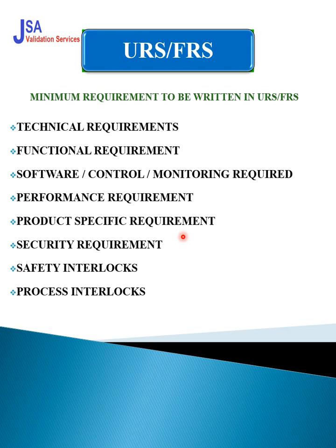Security requirements: what interlocks are there? Okay, overloading compressor interlock, and unloading compressor interlock, maximum pressure interlock, minimum pressure interlock, safety feature, that should be the security requirement. And also safety interlocks. Okay, then process interlock.